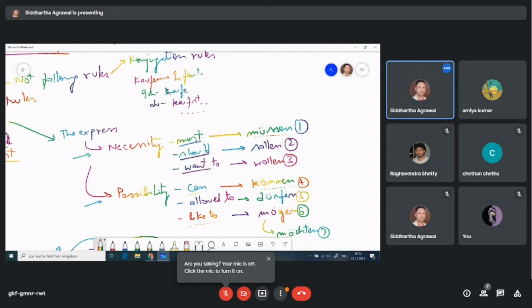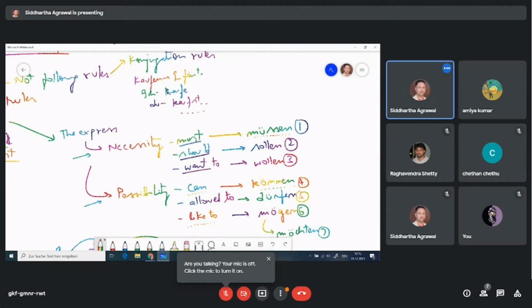So going ahead, there are two rules associated which I forgot to tell yesterday, but later on realized. One rule is when we use a modal verb, the main verb goes to the end.